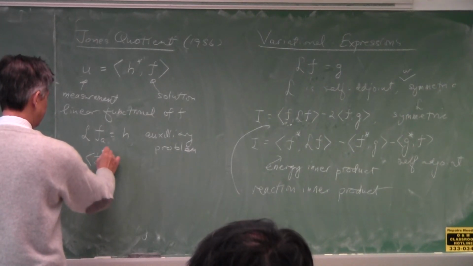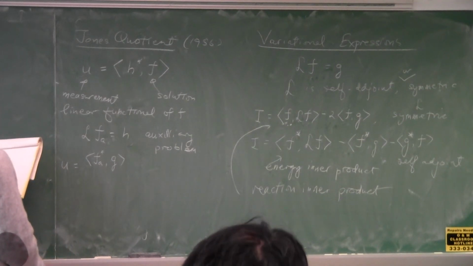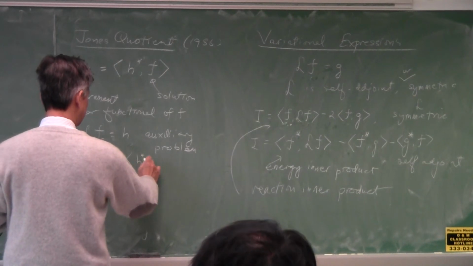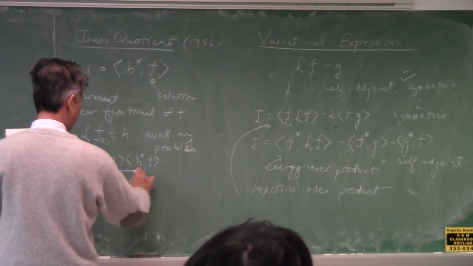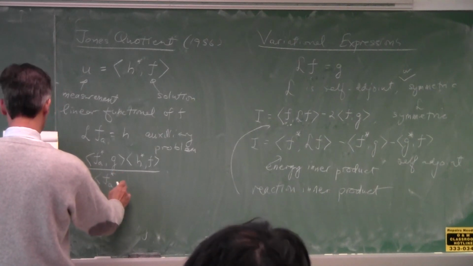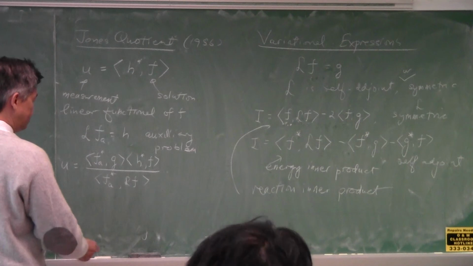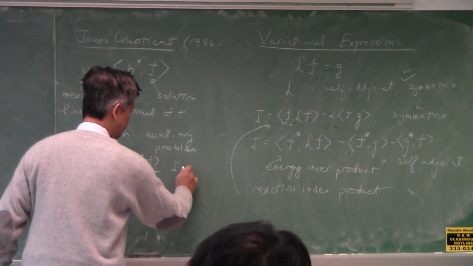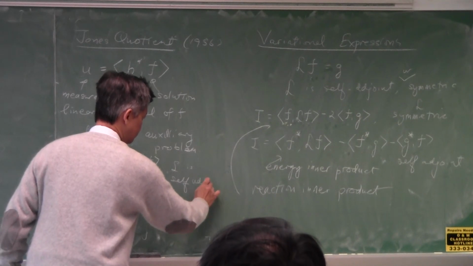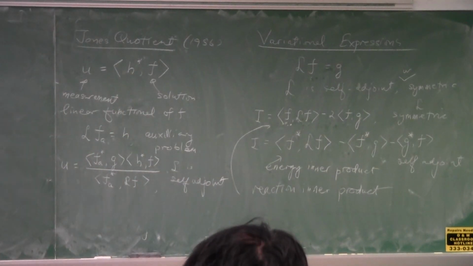F A G, H star F over auxiliary solution times LF. And this is for L is self-adjoint. Okay, L is self-adjoint.